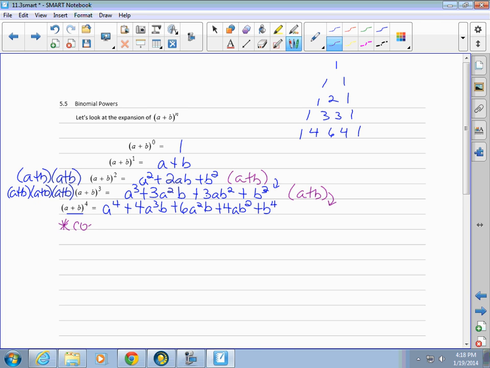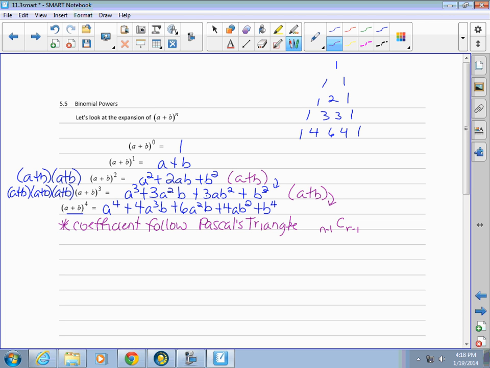My coefficients follow Pascal's triangle, which we can use as our term finder, if we want to call it that, n minus 1 c r minus 1, to calculate that, if it's above a few simple rows.